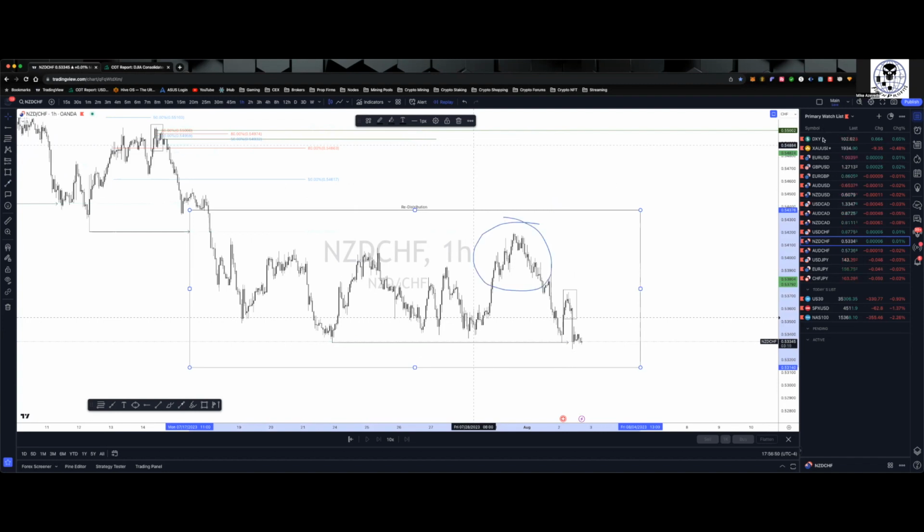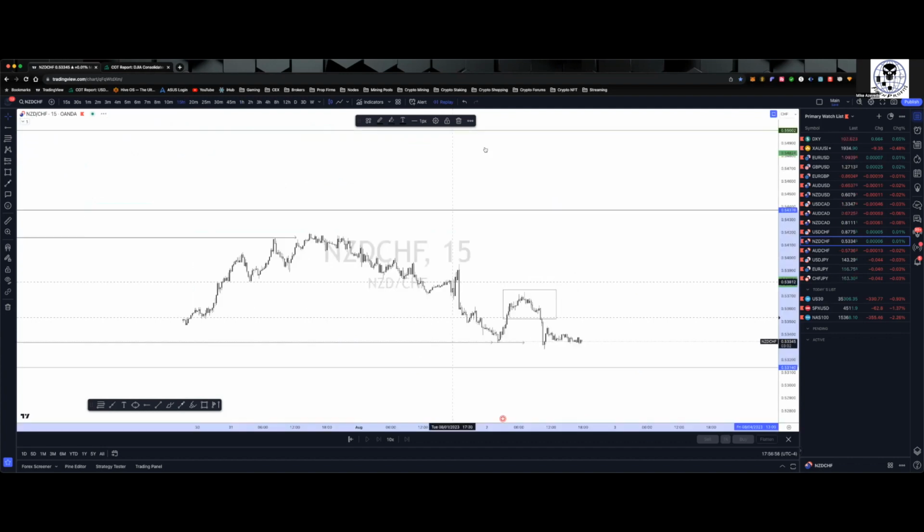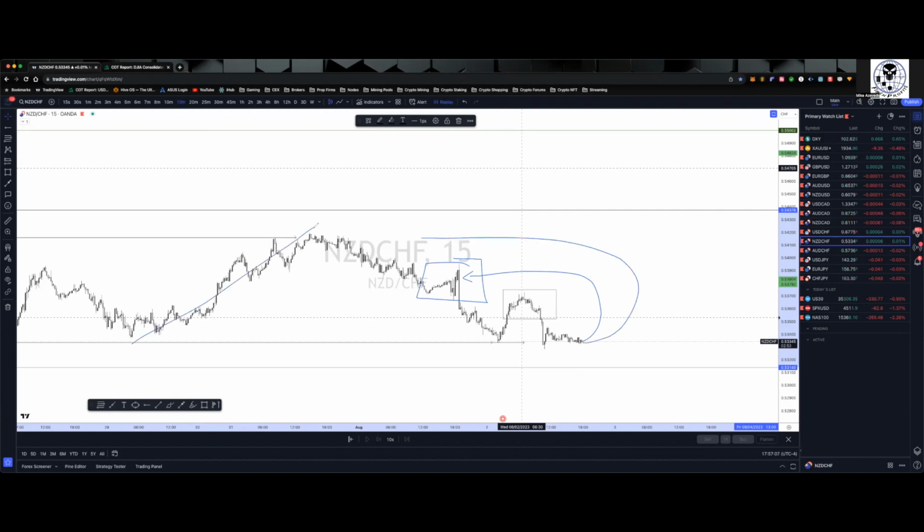I think realistically that we are going to either play into news here, which is a possibility, or we're going to play up a little higher into the 80% of the whole thing. So that's where I've got an alert sitting, just to see what happens when we get into this price action. And that's still a possibility.